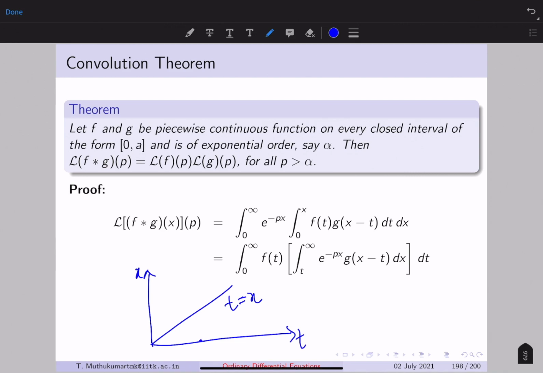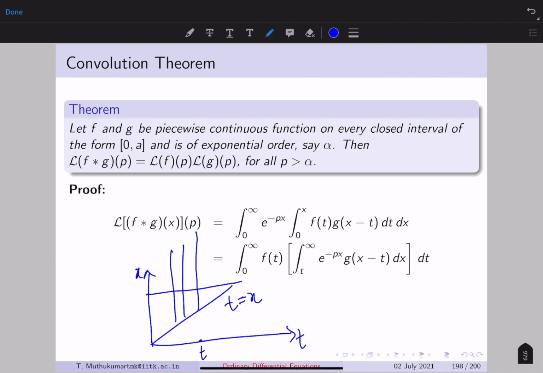Once you fix t, you integrate along the x variable from t to infinity, right? So t to infinity is this line. For each t you get a vertical line like this, and then you sum over all the lines.